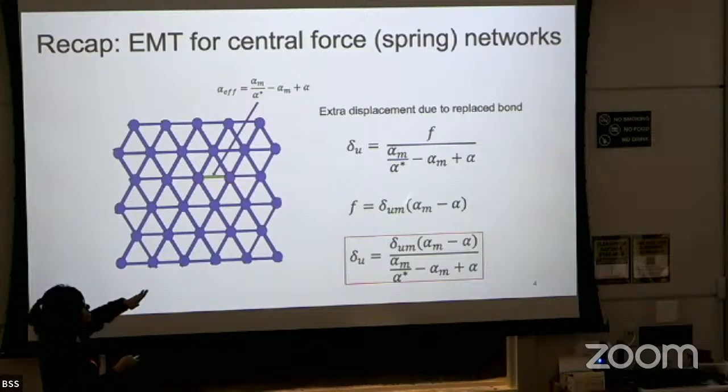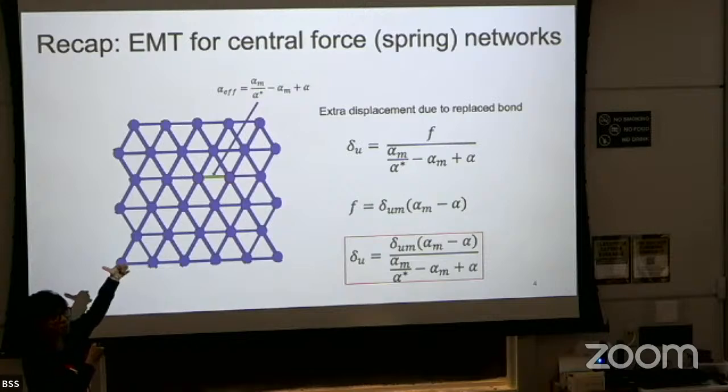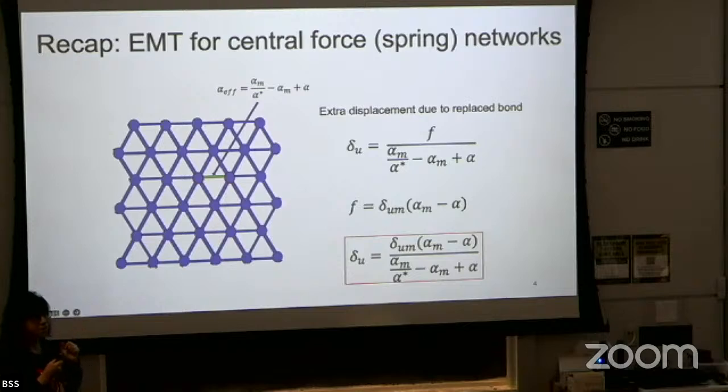So we don't know how to calculate delta U directly, right? The paper posits one way to calculate delta U. What happened here is that we replaced a spring of spring constant alpha_m by a spring constant alpha.